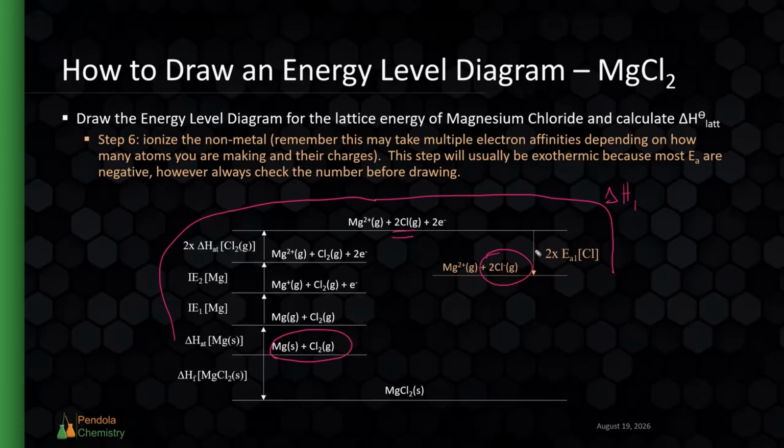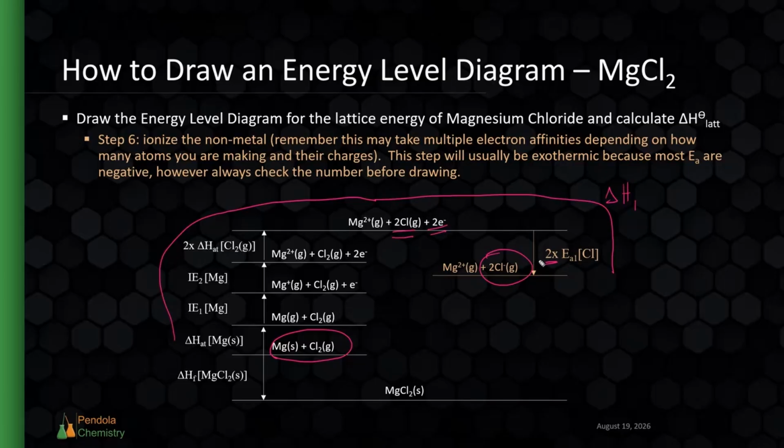Now you do got to be careful. The electron affinity of chlorine, the first electron affinity, is the addition of 1 mole of electrons to 1 mole of chlorine. Well, here we're adding 2 moles of electrons to 2 moles of chlorine. So this process to change the 2Cl gas plus 2 electrons to 2Cl minus gas is actually 2 times the electron affinity 1, not the electron affinity 1 plus the electron affinity 2.